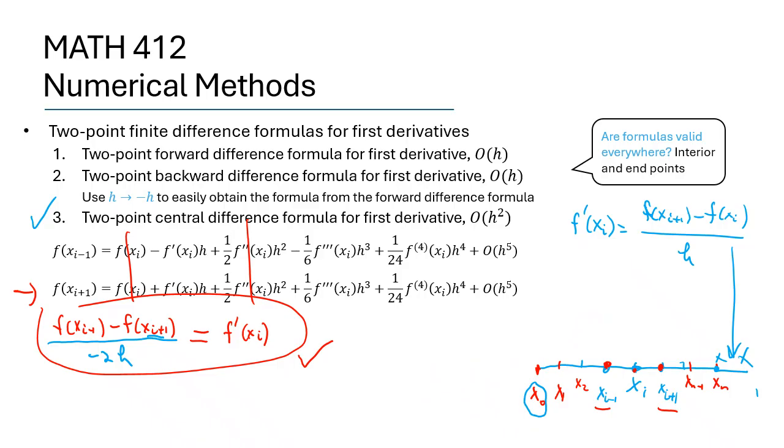And the backward formula, x i minus 1. Can you use it at the left endpoint? Oh no, you don't have that point, so it's not fine for this, but it's fine for the right endpoint. So be very careful when we choose a finite difference formula. We should be careful if it's valid at a point.